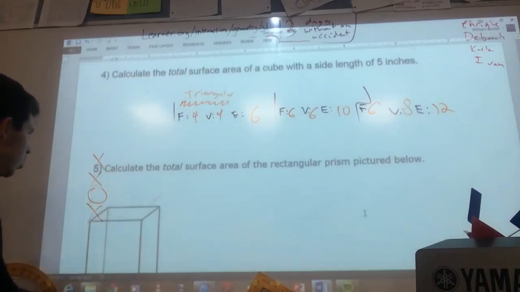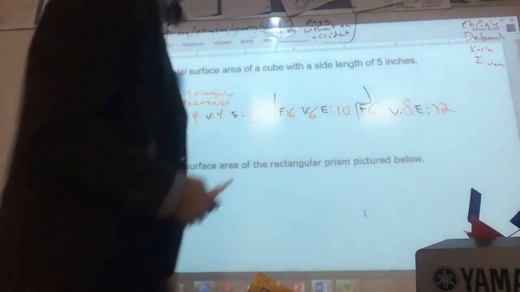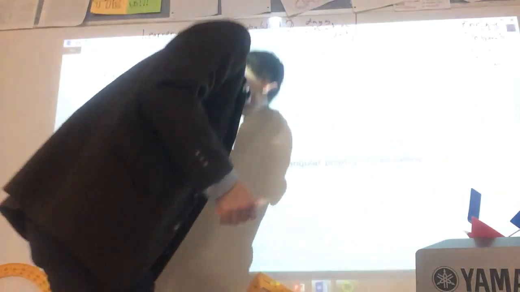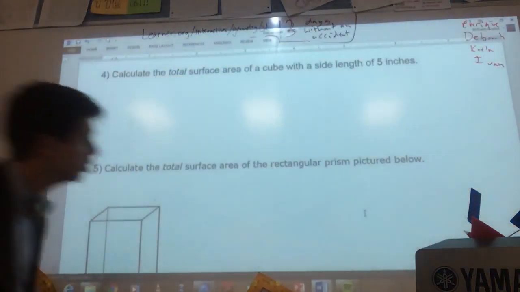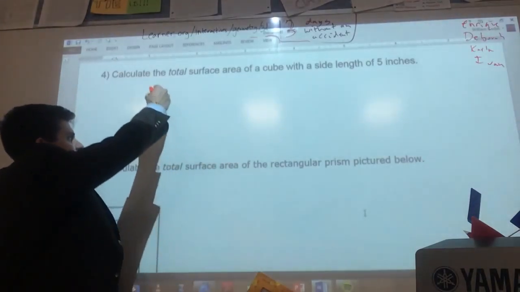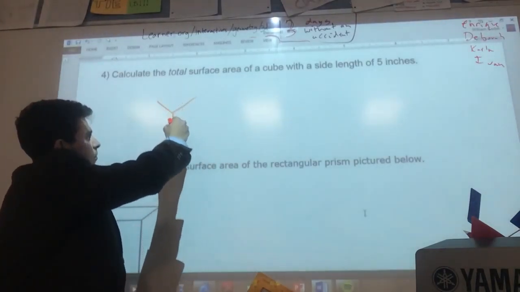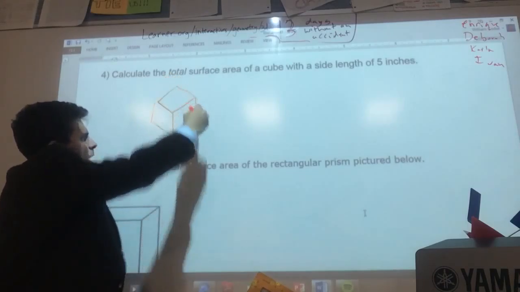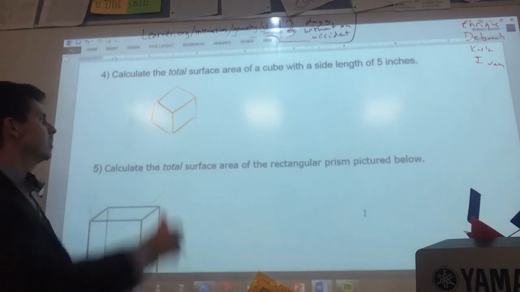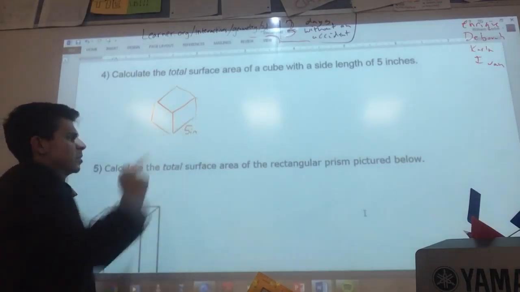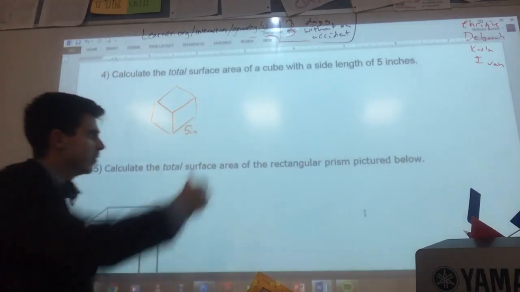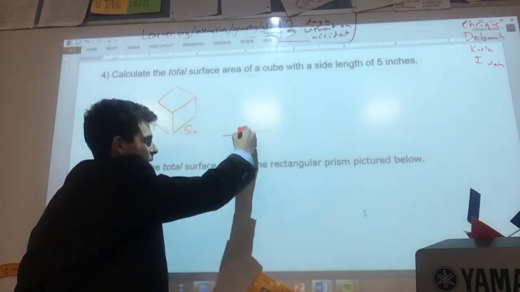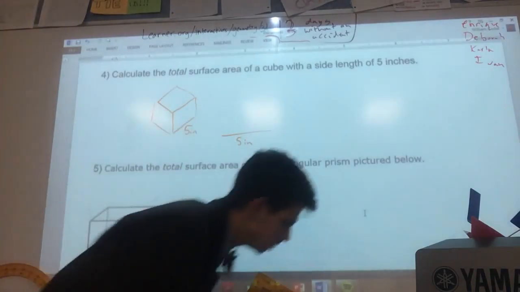Okay, calculate the total surface area of a cube with a side length of 5 inches. So I'm going to draw a cube here. Every single side is going to be 5 inches. So if I have just one line, that's going to be 5 inches.